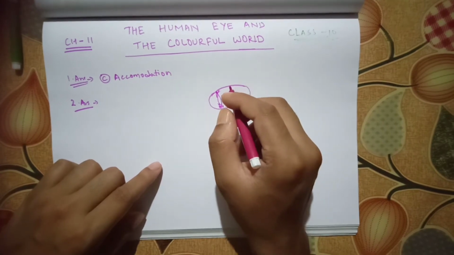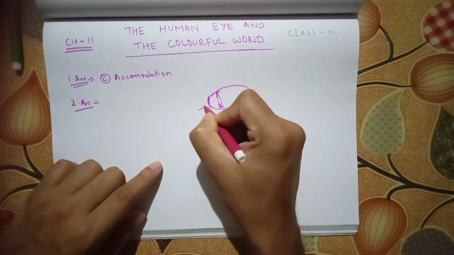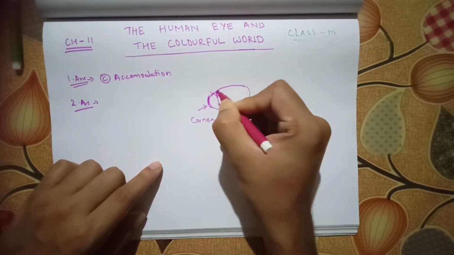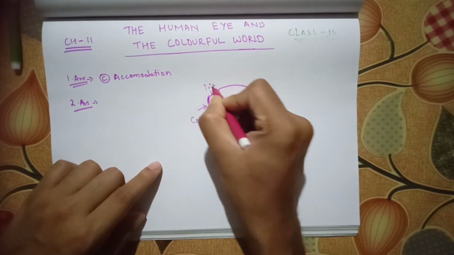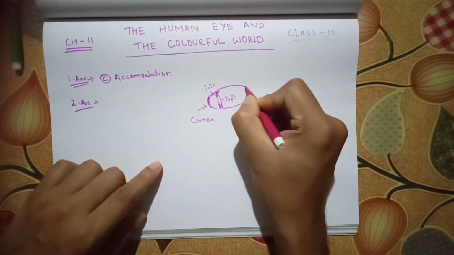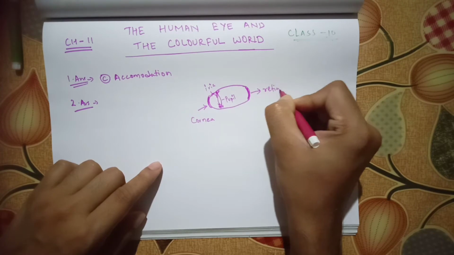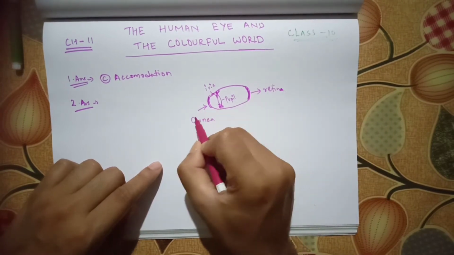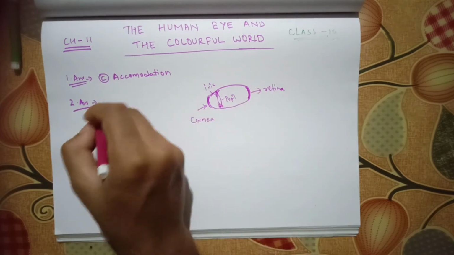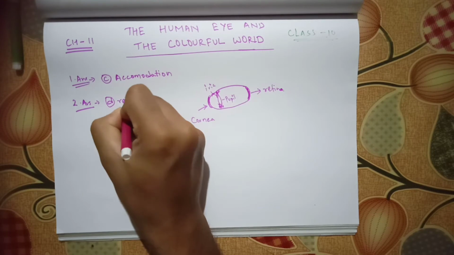The four options are: this is the cornea, this is the iris, this is the pupil, and this portion is the retina. We all know that the image goes through the pupil and forms on the retina. So the answer is D, which is retina.